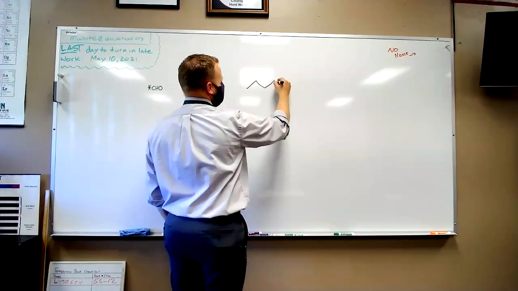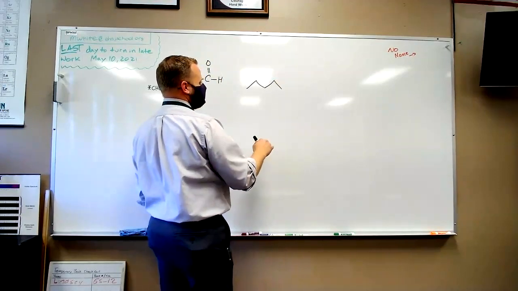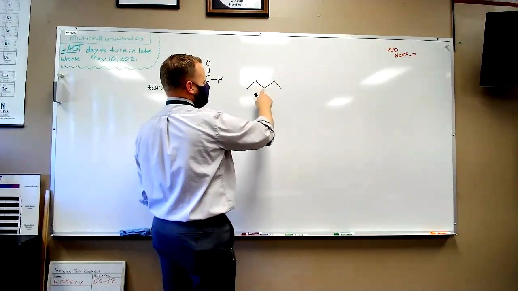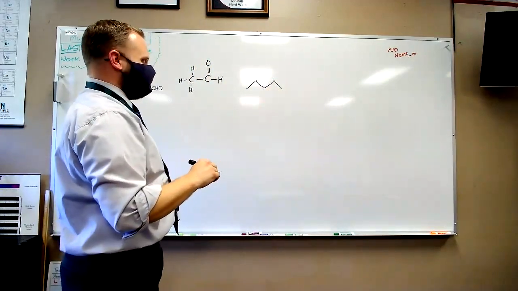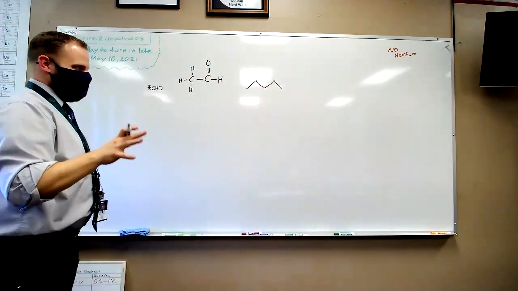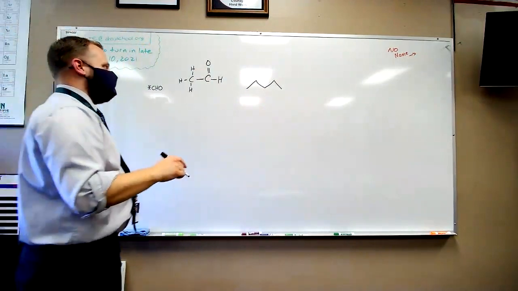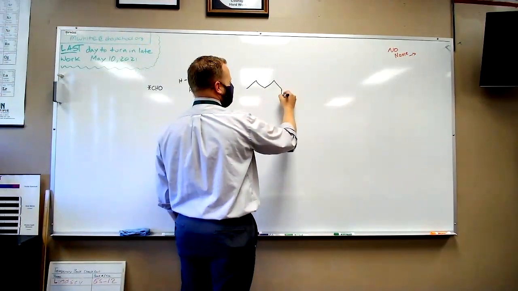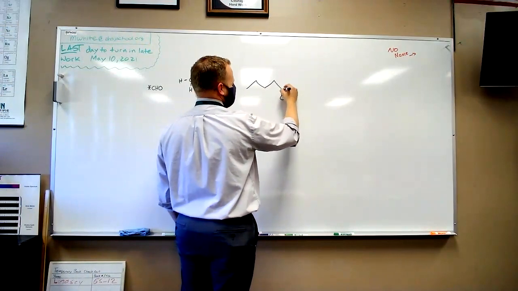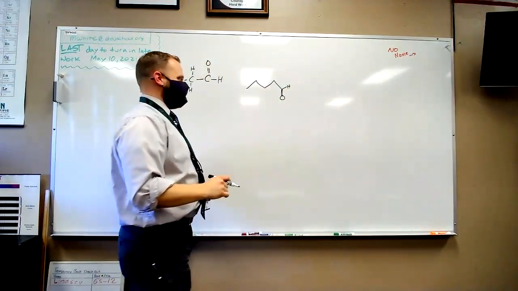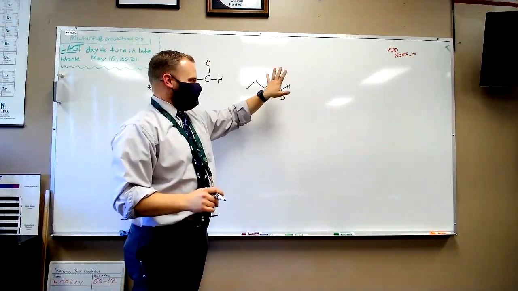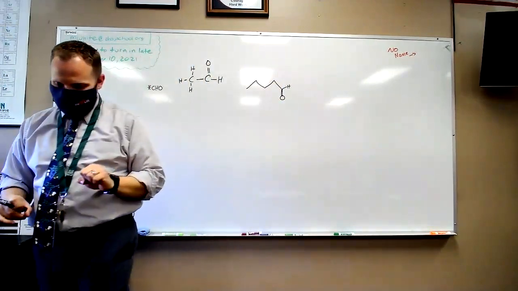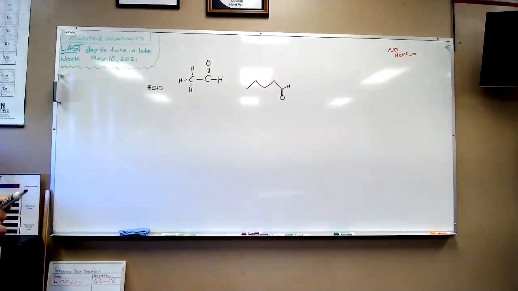So if we have 1, 2, 3, 4, 5, we have 5 carbons there. If this is an aldehyde, we have to have that carbonyl group. I don't always put that H right there, but I wanted to point out that yes, there is a hydrogen there.